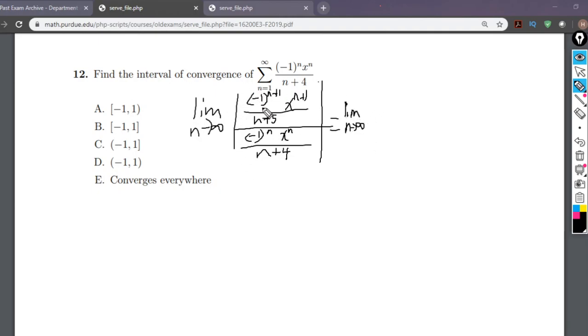So right now, once again, I'm gonna just take them out since they're not gonna matter within the absolute value. And though we will have the first term being here then of x to the n plus 1 over x to the nth times n plus 4 with n plus 4 over n plus 5.